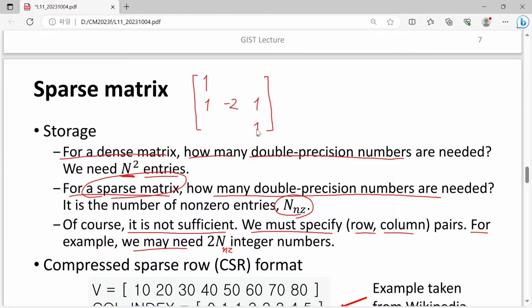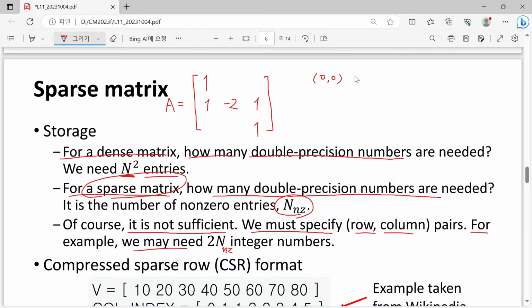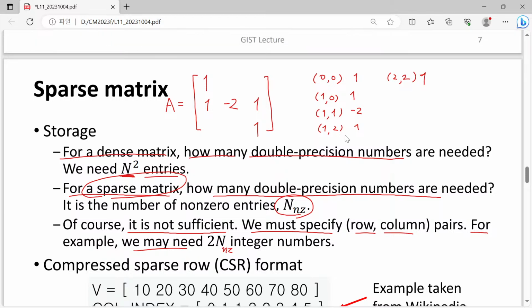Then please specify this matrix A with our sparse matrix representation. How can you do that? You would write 0,0 and 1; 1,1 and 0; 1,1 and 1; minus 2; and 1,2 and 1; finally 2,2 equal to 1. So you will have this kind of description.